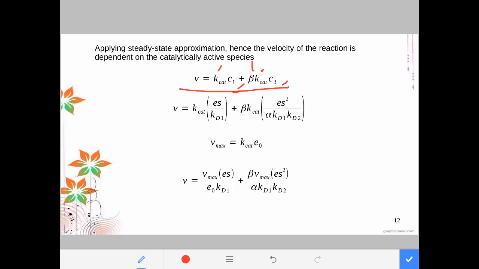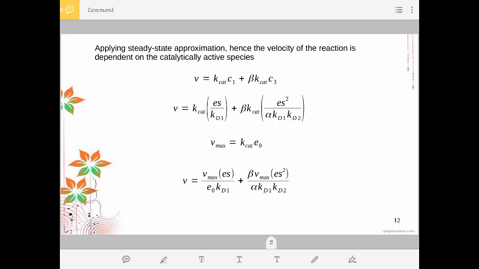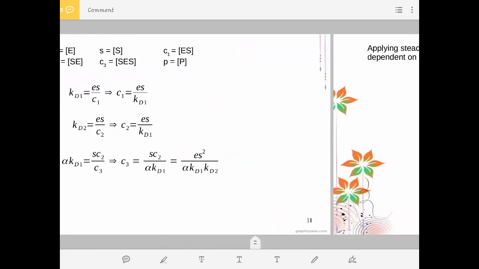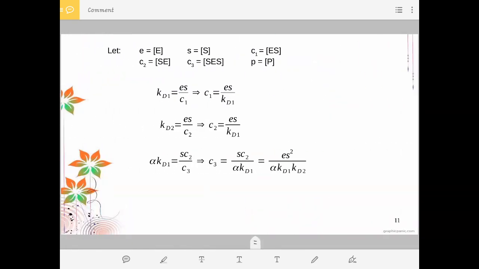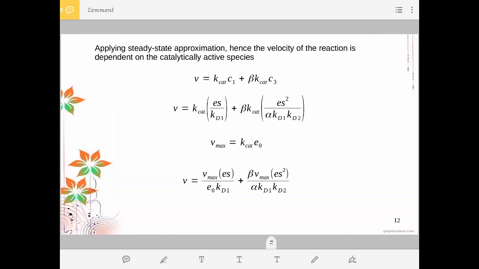But we want to simplify everything, so let's express the velocity in terms of a single variable. Remember, we managed to express C1 and C3, so we will just substitute them into the equation. So V is k-cat times S over KD1 plus beta k-cat times ES squared over alpha KD1 KD2.